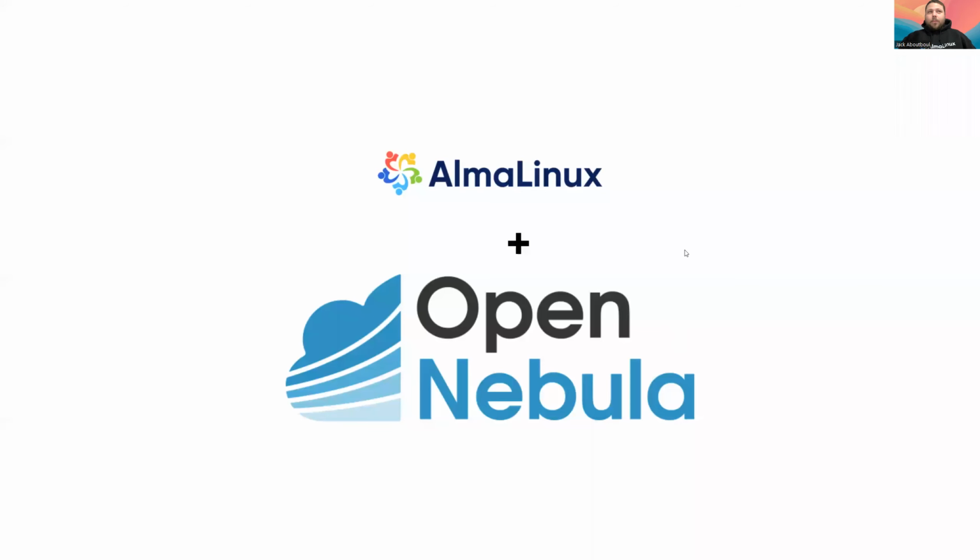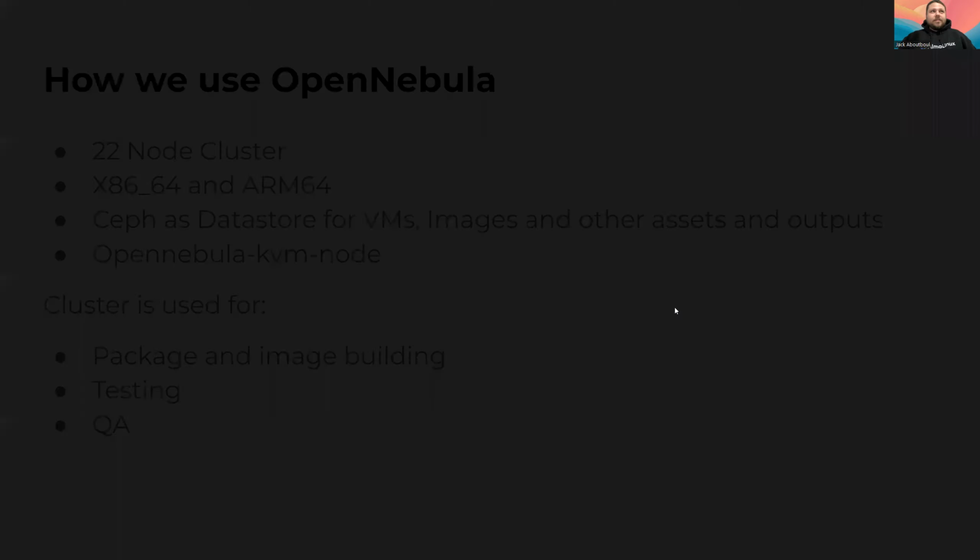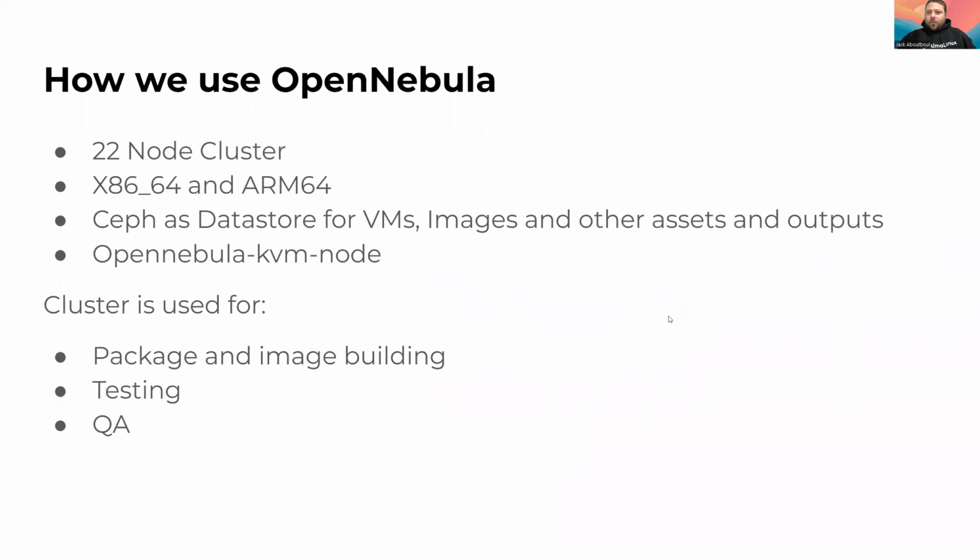And we also love OpenNebula. So real quick, because I don't have a lot of time, I just want to go through what our OpenNebula setup looks like. We have a 22 node OpenNebula cluster. It's made up of x86_64 and ARM64 hardware.